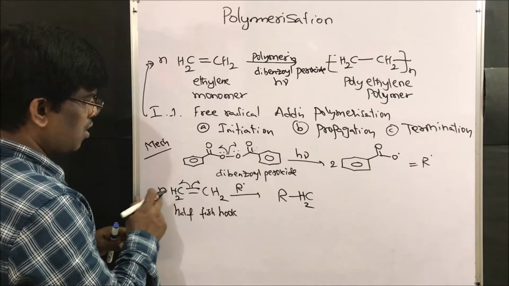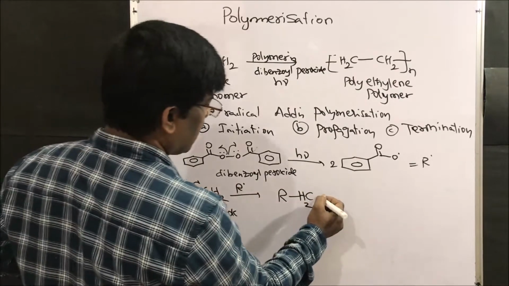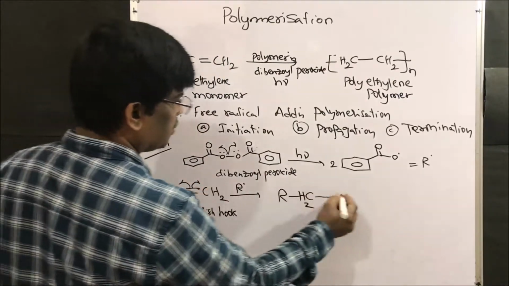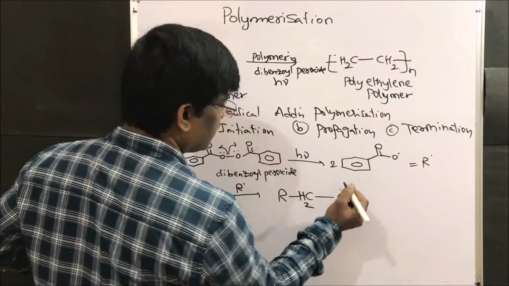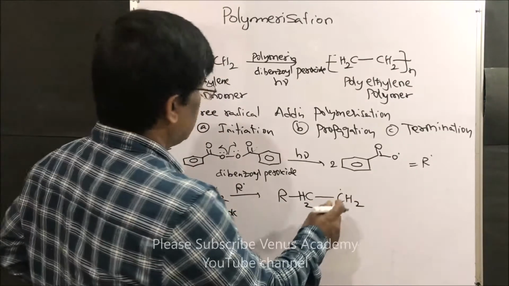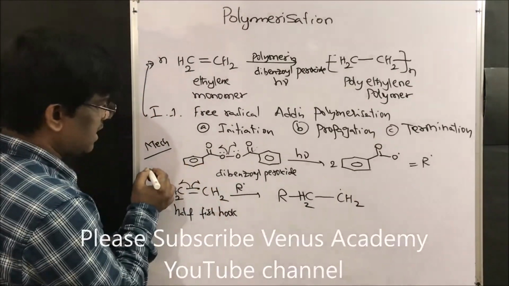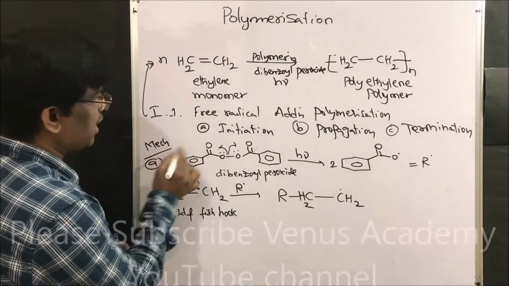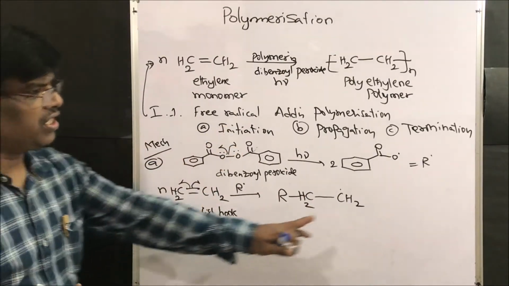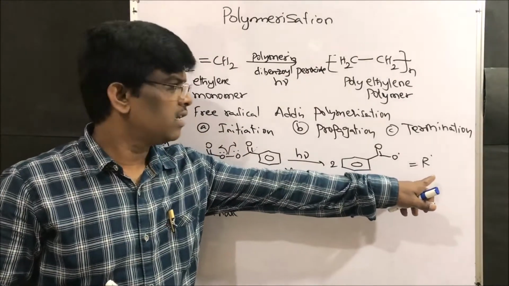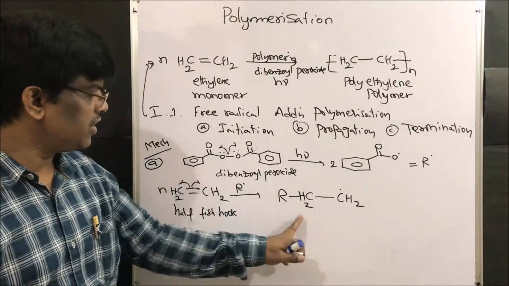It is going to form a free radical, and this is going to have a CH2 free radical. So this is initiation, step A. In initiation, we get the free radical.